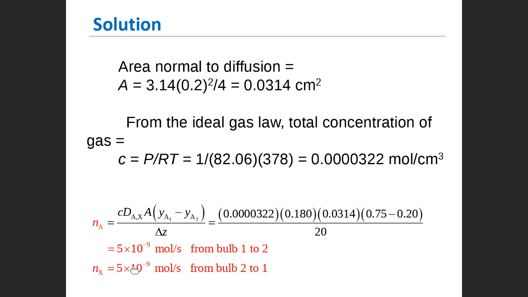Well, it is exactly the same rate, but it's moving from bulb 2 to 1. Can you prove it? Yes, you can prove it. You can put the numbers in again, and you will see that it will be 5 to the power minus 9 mole per second. And definitely it is moving from high concentration to low concentration.